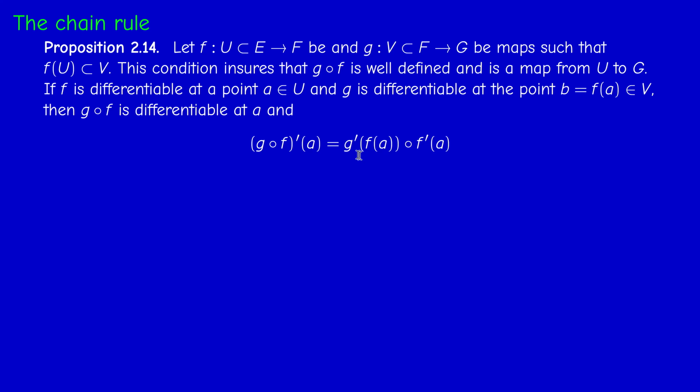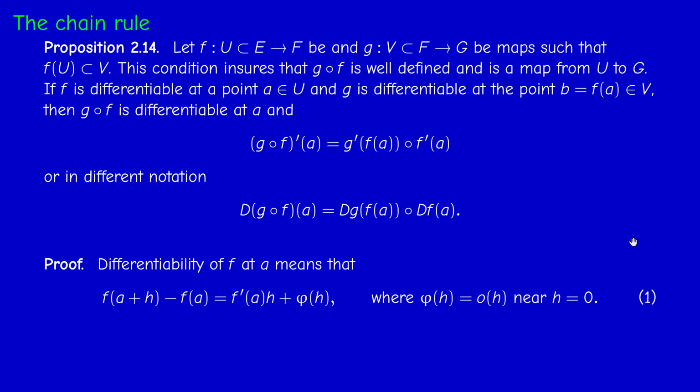In the usual chain rule in calculus, you just have to multiply. Why? Because we identify real numbers with linear maps. Now we will see where this formula comes from. Or, if you like to use the big D notation, same thing: capital D of g circle f at a is the composition of these two derivatives.